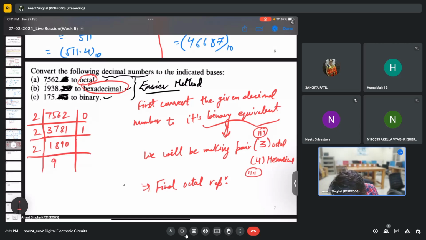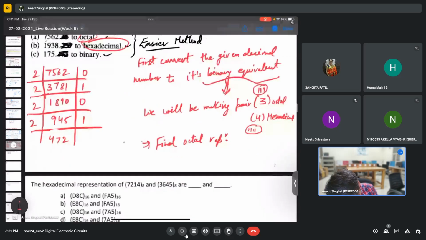Then 945, so this is 0. This, sorry, will be, I guess, 472. So we have a one remainder.